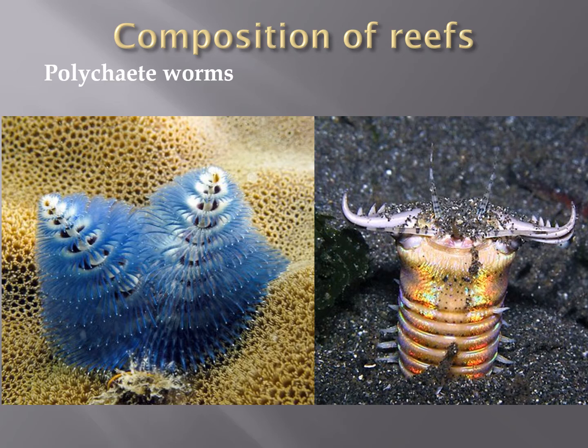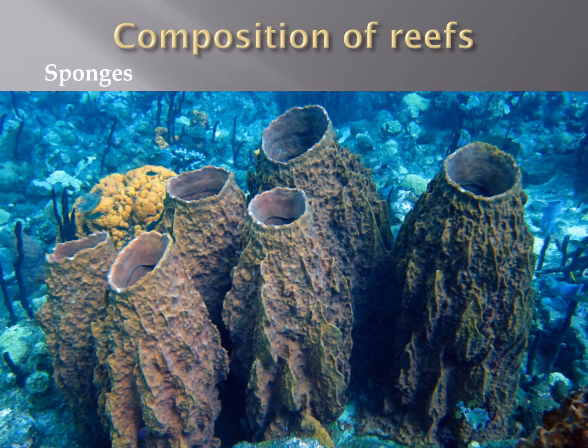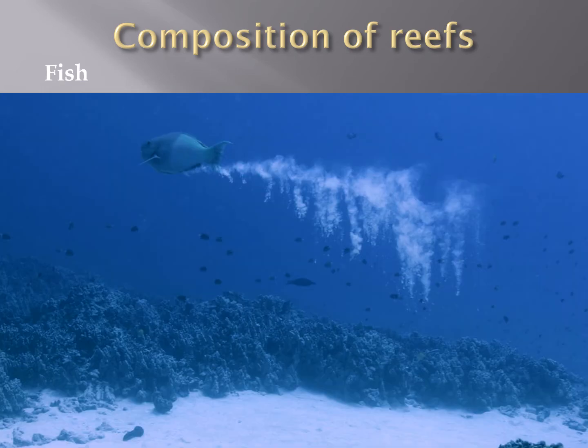Then we get things like polychaete worms, like the Christmas tree worms, and these bobbit worms, and they all have hard calcium carbonate parts that are part of what piles up on a reef. Sponges, so here we get siliceous stuff, not just calcium carbonate, but silica that piles up, all the spicules in these big things.